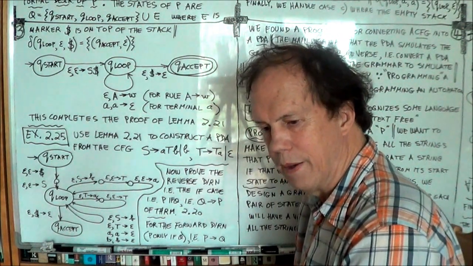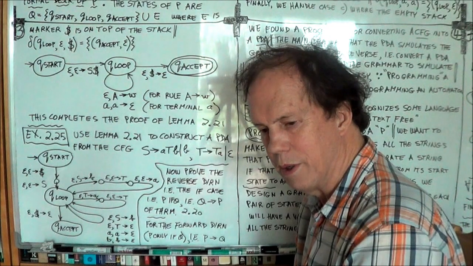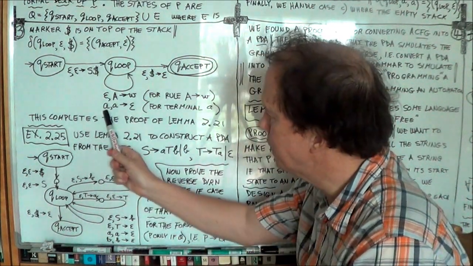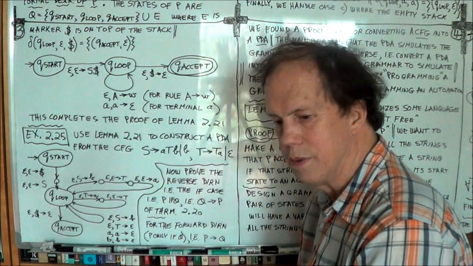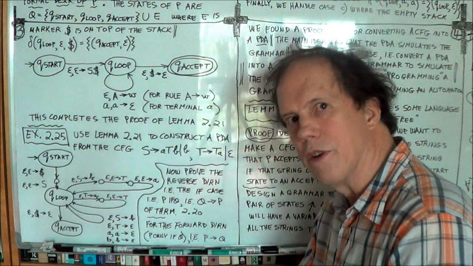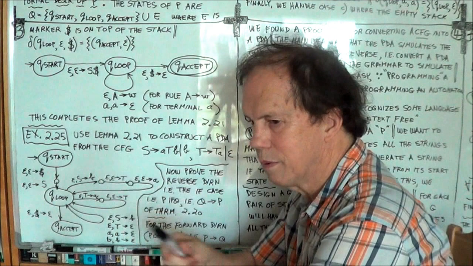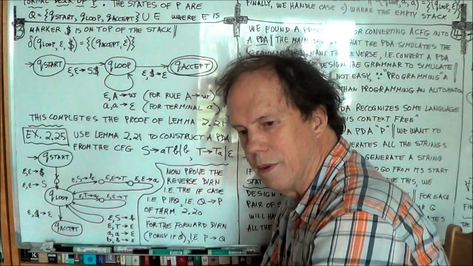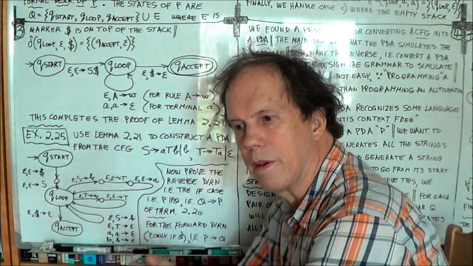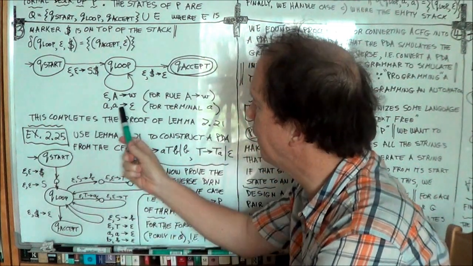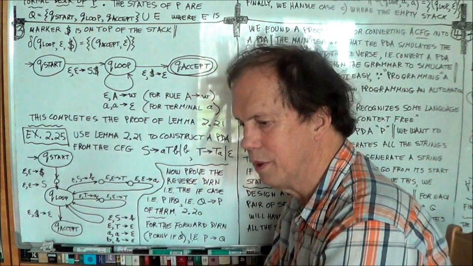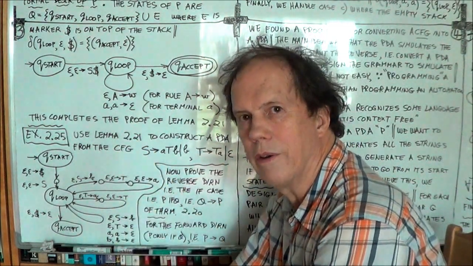That symbol there is a symbol generated by your grammar, and this symbol here is a symbol in the input stream. So this symbol here is part of the stream going into the PDA, and that symbol is a terminal in your grammar.